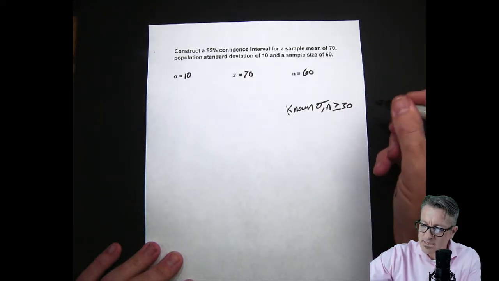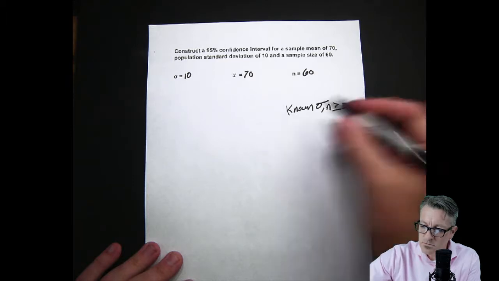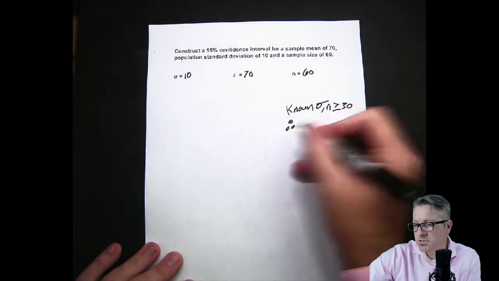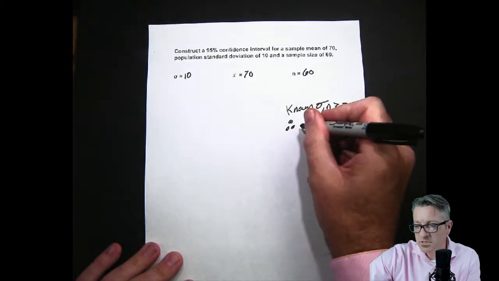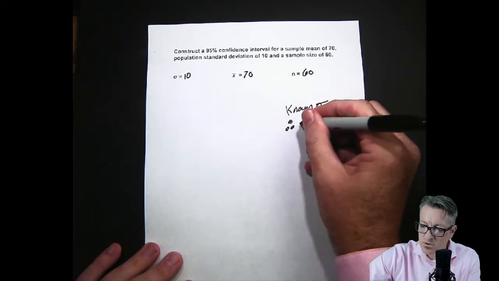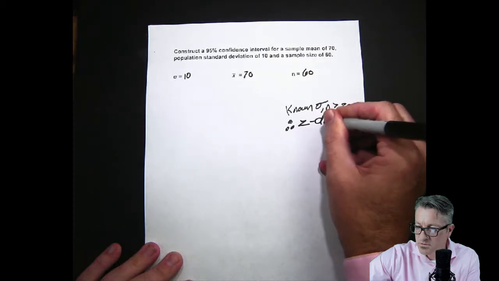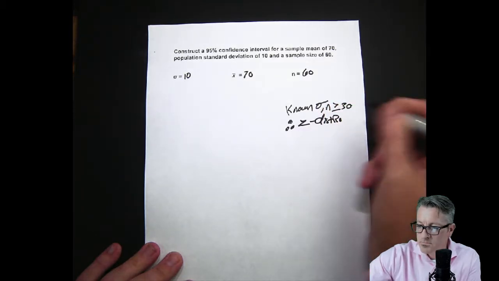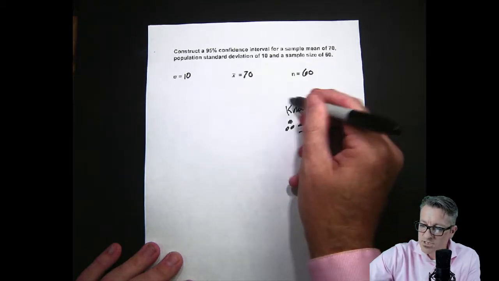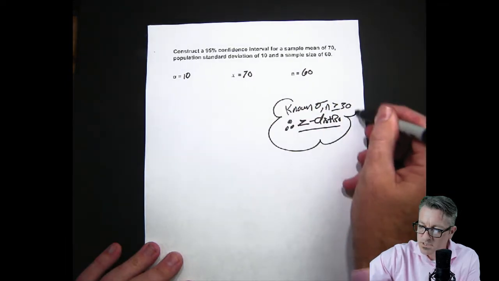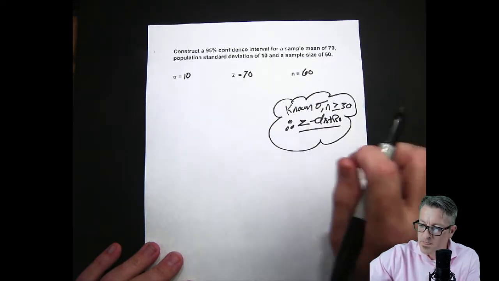What that tells us is we're going to therefore use the standard normal distribution with a z-score. So we're using the z distribution. That makes it easy on us, right?